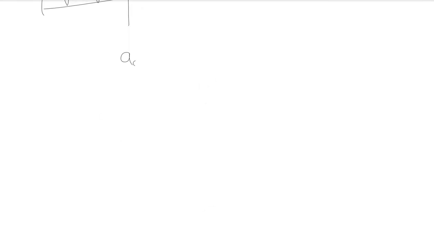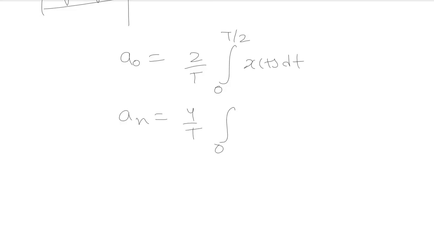Then the Fourier series coefficient a0 is 2 by T integration 0 to T by 2 xt dt. An is 4 by T integration 0 to T by 2 xt cos n omega naught t dt, and Bn is equal to 0.